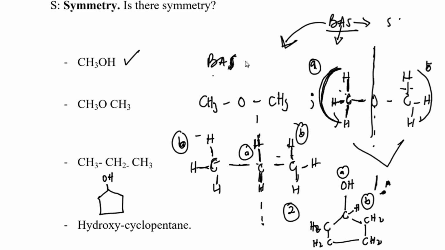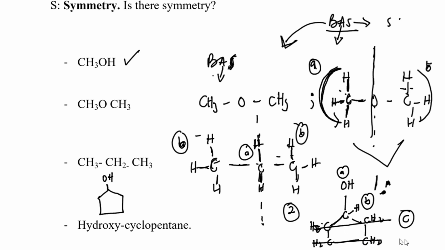Now let's check the adjacent atoms. The proton here is connected to a carbon that's also connected to this. Same also for this one. So we can say that these two are the same, and we are going to call them C. And this also, they are the same.